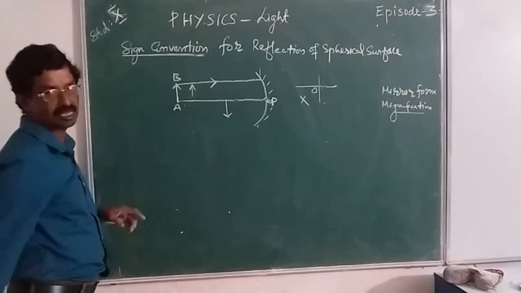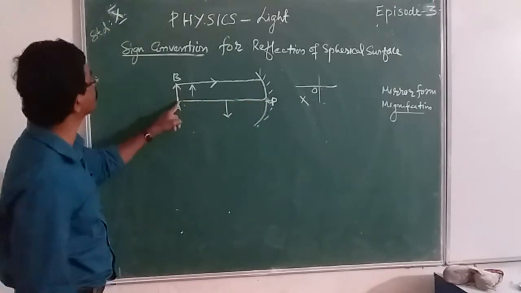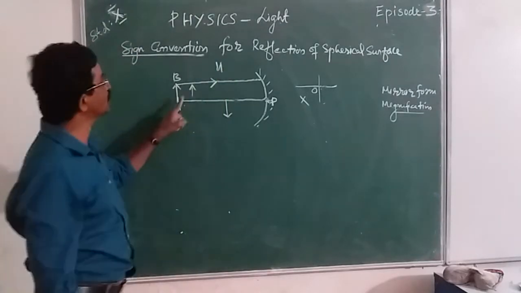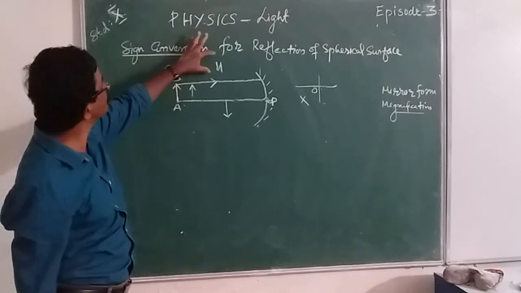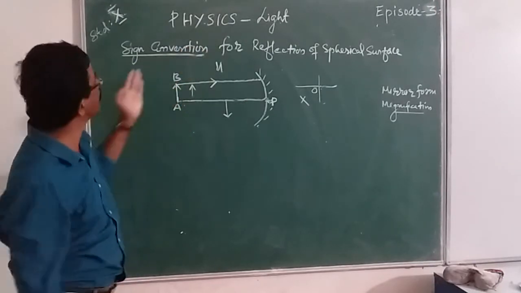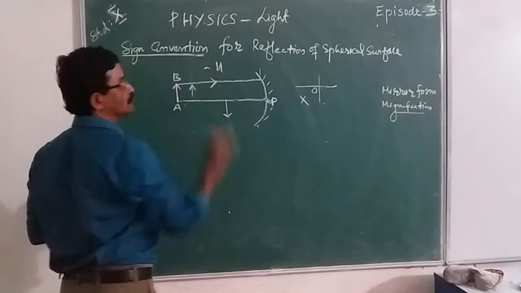Now, based on this, if you place the object here, suppose this AB is an object. The distance from the pole to the object we represent with the letter U. If it is on the left side, it is negative.